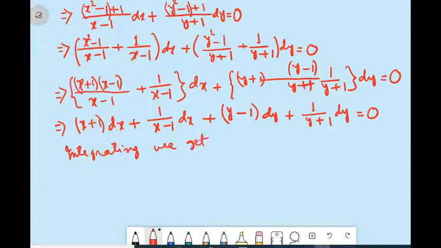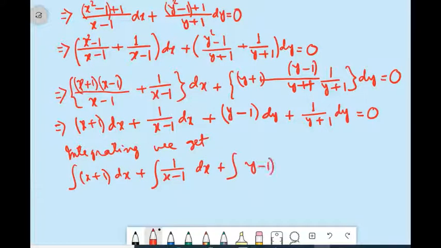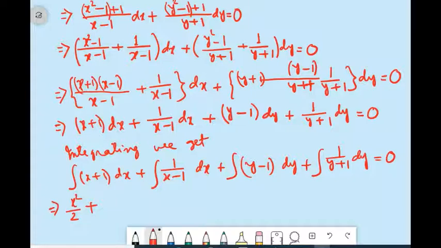We get integration of (x + 1) dx plus integrating 1 by (x − 1) dx plus integration of (y − 1) dy plus integration of 1 by (y + 1) dy is equal to 0, which implies if we integrate x, it will be x² by 2 plus if you integrate 1 into dx.